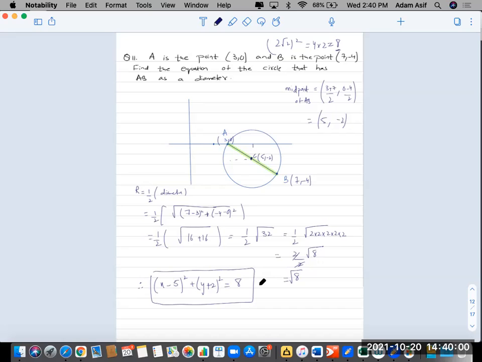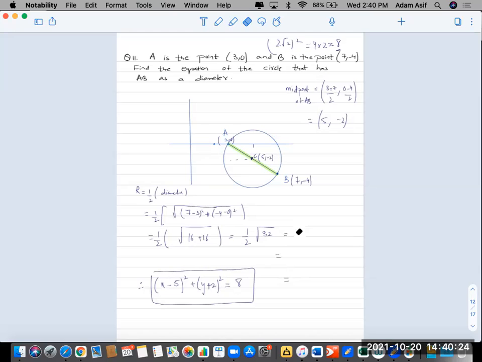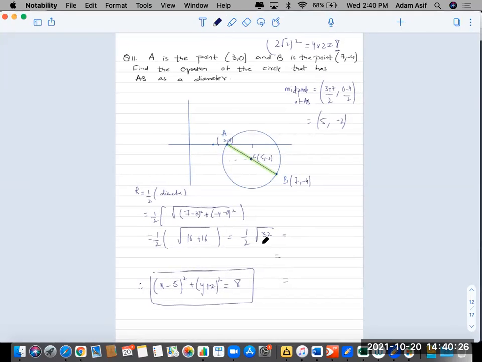Just to show you that, use the calculator. In A levels you will be using a calculator, okay. Basically, 32 is 2 raised to the power of 5, right? So even if you don't write it this way and use your calculator to do it, 1/2 times square root of 32, okay.